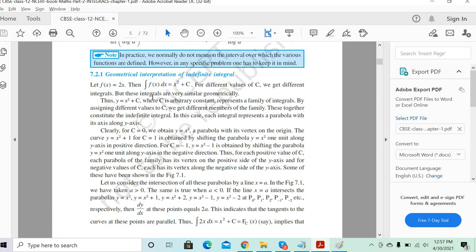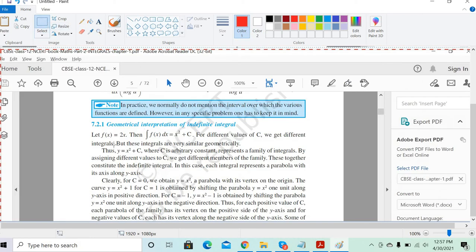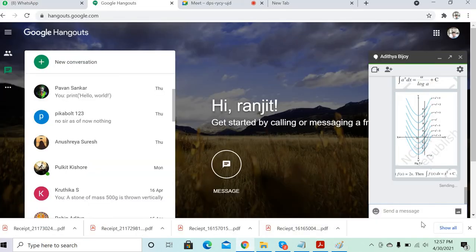What I'm trying to say is, let's say the function is f of x is equal to 2x. When you do the integration of f of x dx, what do you get?